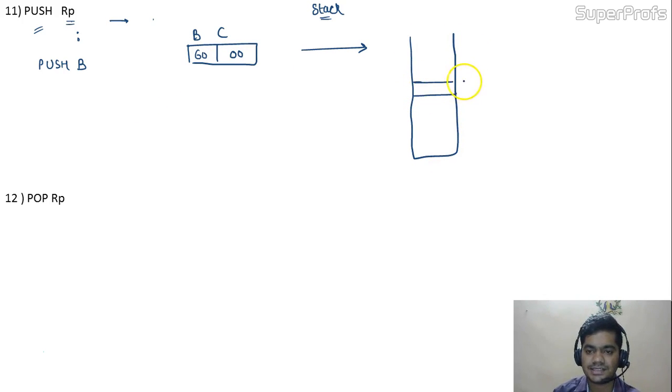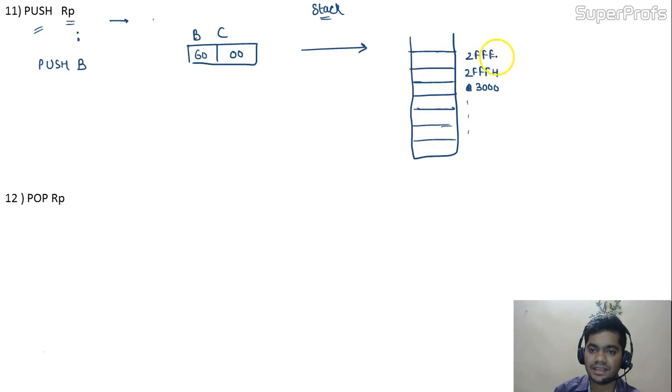Okay, so suppose the stack is filled up to 3000H, and we know that up to and below it would already be filled. So at the 2FFFH address, and what would be the data at 2FFEH?